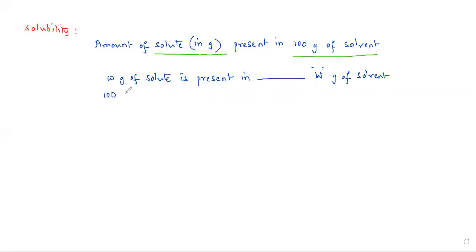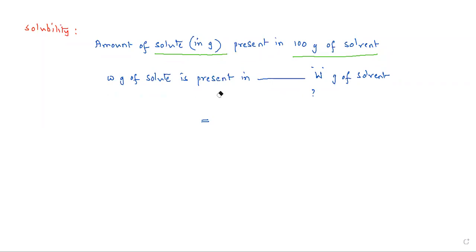Now, as per the definition, 100 gram of solute is present in how many gram of the solvent? No, it has to be a little opposite, right?